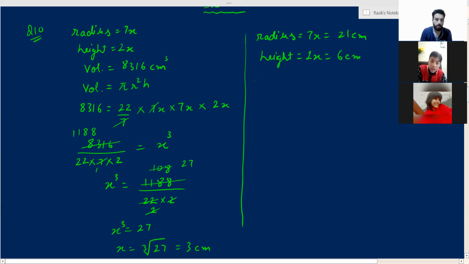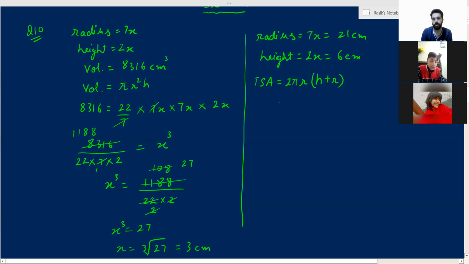Okay, what else do we have to find? We have to find TSA. Find the total surface area of cylinder. TSA of a cylinder is equal to 2 pi r (h plus r).